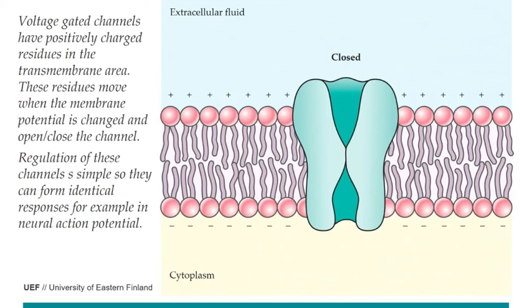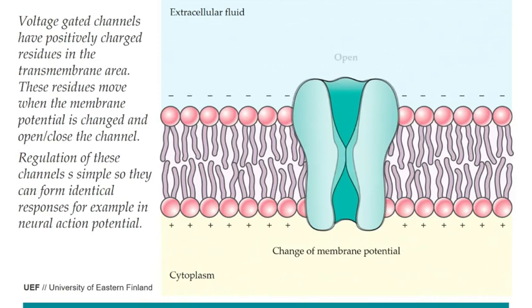If the membrane potential is changing, then this charge tends to move either outward or inward, and this is the way it affects the gate that is opening or closing the channel. So when the membrane potential changes, this pore will be open. And the regulation is very simple, so they form identical responses. For example, in a neuronal action potential, every action potential looks quite much the same.